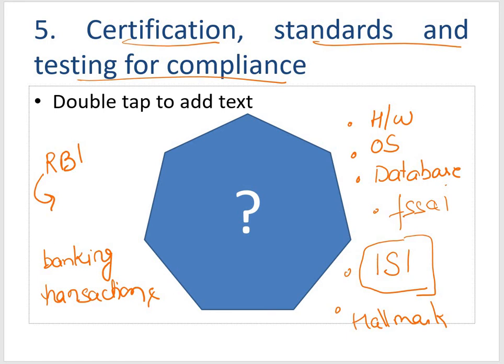Then sometimes HDFC was also facing the same, and HDFC is not allowed to issue the new credit cards. So testing for adherence to these requirements is sometimes also provided as a third party service as well.